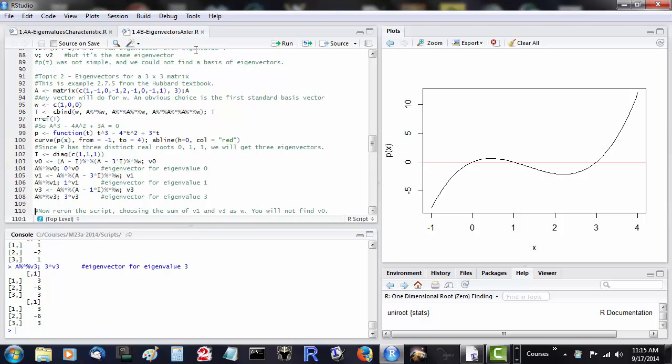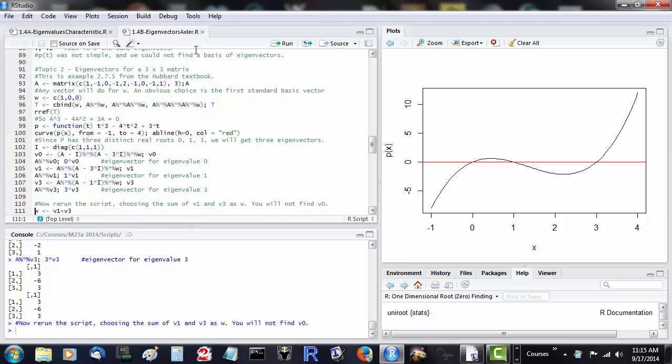But there are choices of W for which I don't get all 3 eigenvectors. If, for example, I chose W equal to v3, I would immediately find that A times W was a multiple of W, and I would find 1 eigenvector, 1 eigenvalue, no more. Here's a more interesting variant of that.